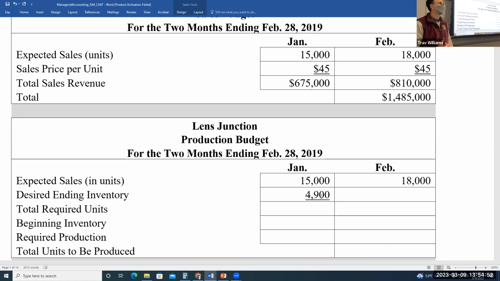And then February's ending inventory is going to be March's beginning, which is 5,000. Make sense? So that means we need 19,900 units for January, and we need 23,000 for February.